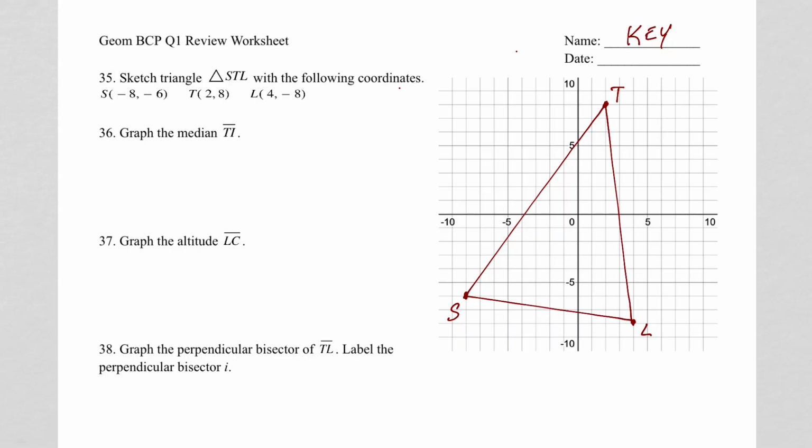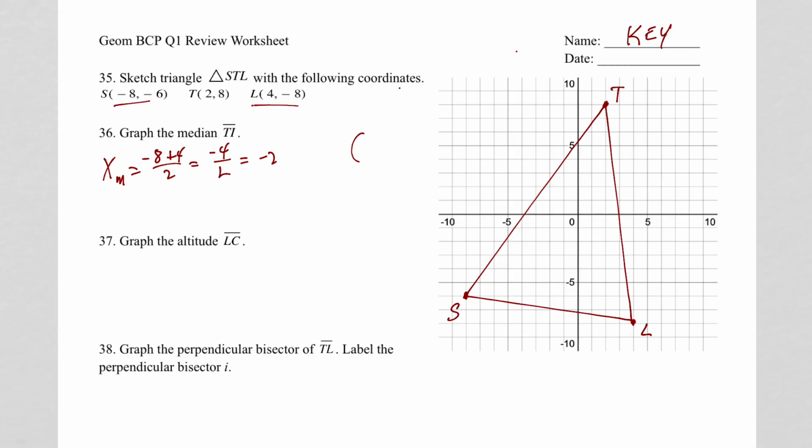Okay, now the median TI, here's T, I must be on this side right here. It's got to be the midpoint, so I need to know the midpoint between S and L. So I'm looking for the midpoint of S and L. So the X value of the midpoint, and I'm looking at this and this, is negative 8 plus 4 over 2, which is negative 2.